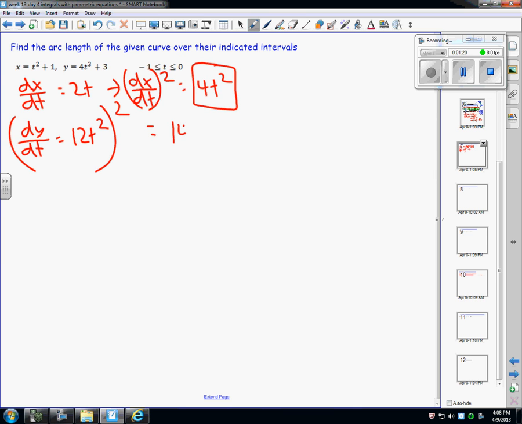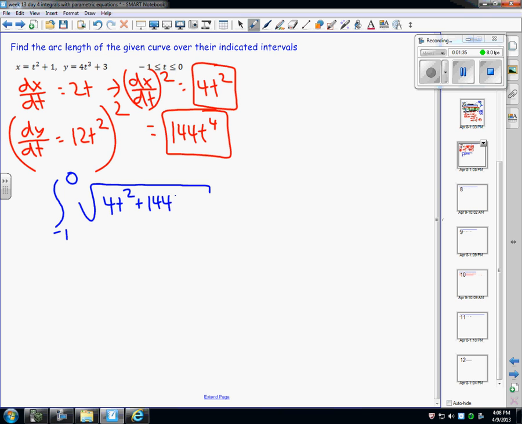I get 144t to the fourth. So far, good. Plug into my formula. Arc length is the integral from -1 to 0 of the square root of 4t squared plus 144t to the fourth dt.